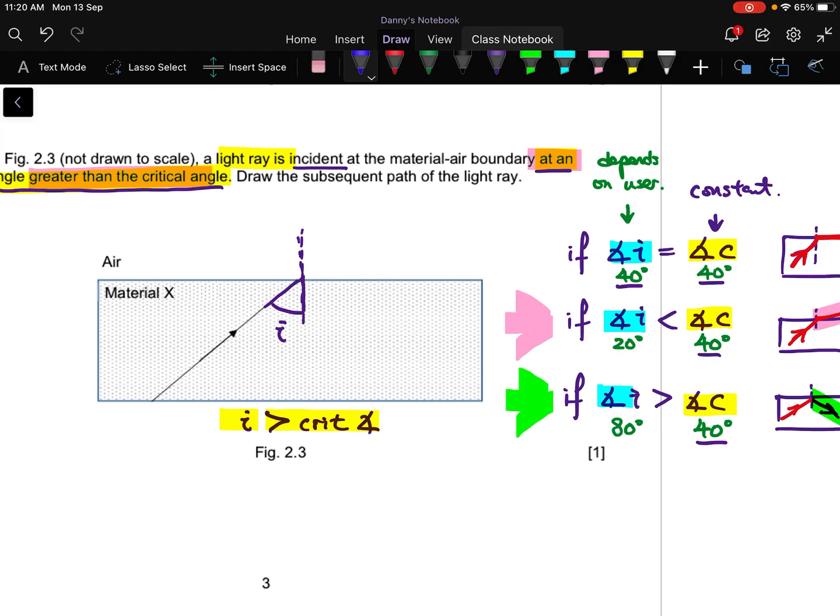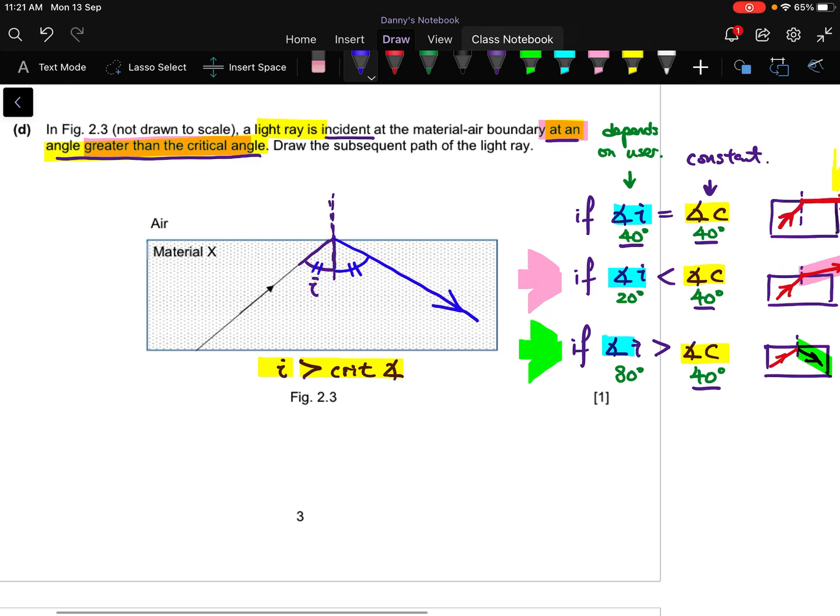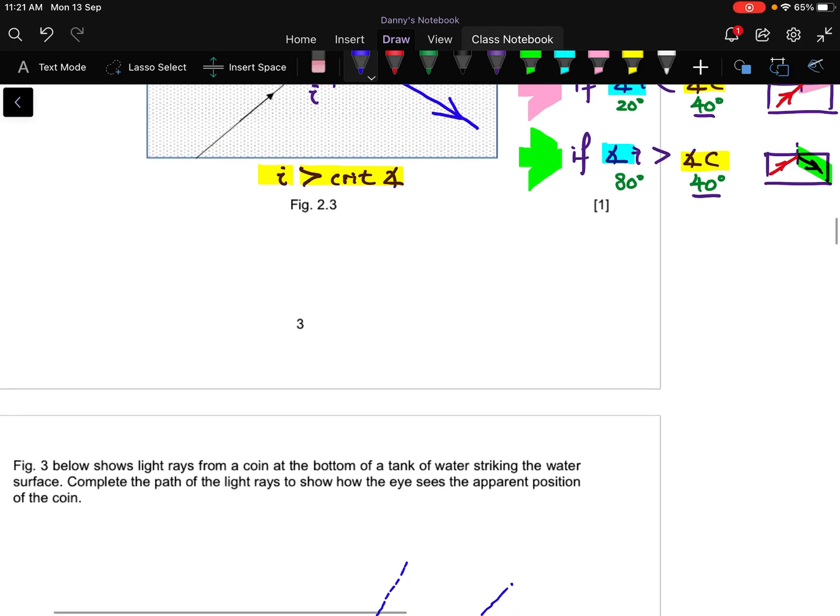So once you know that, you just need to make sure you draw with an arrow, and you need to be able to tell me that this angle and this angle must be the same. Now, because I can draw pretty well, I'm quite sharp to detect whether your angles are the same or not. So I allow up to a deviation of 1 to 2 degrees.